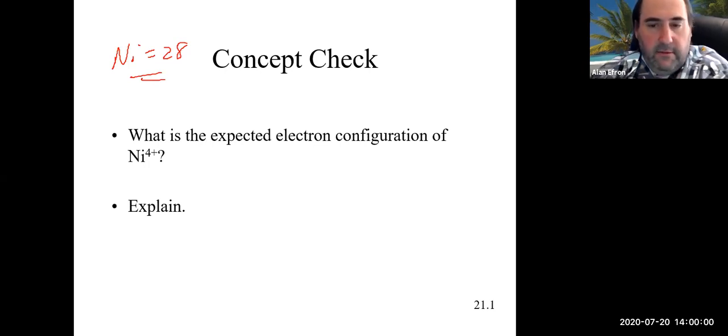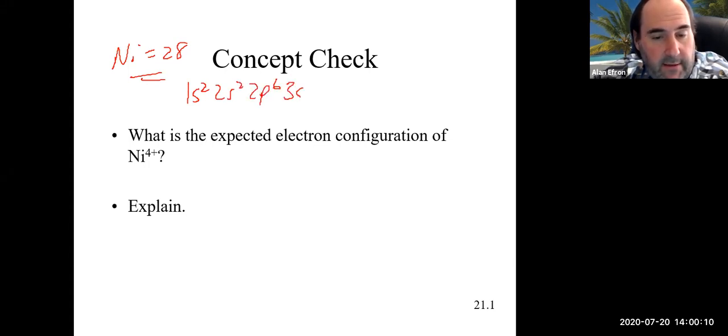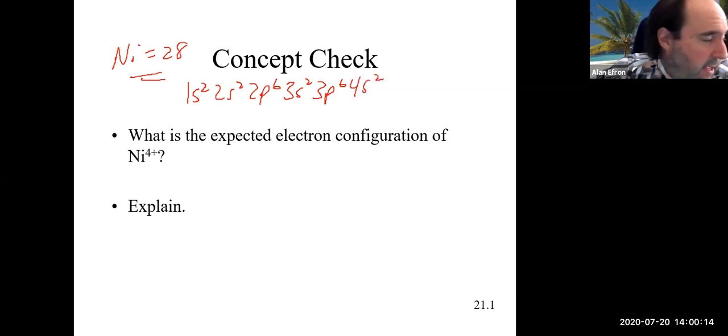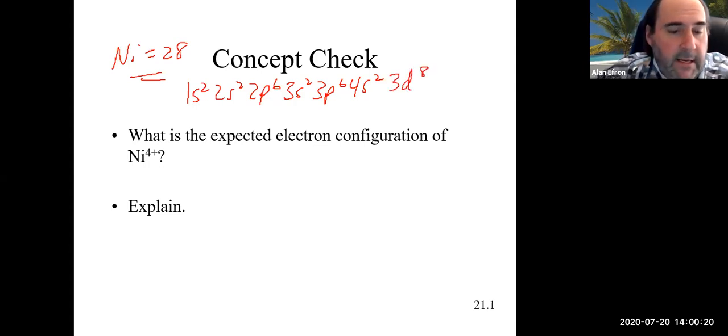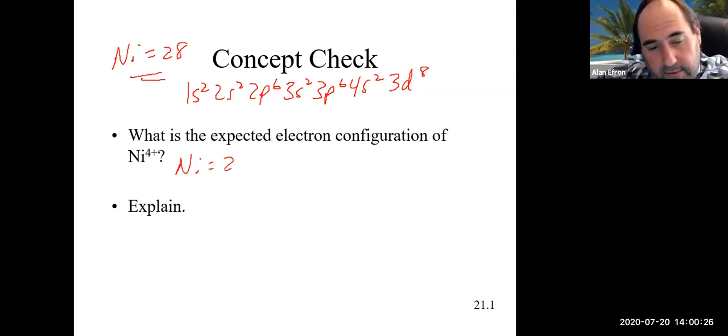Okay, so 28, and again, if we just wrote nickel with no charge, we'd have 1s2, 2s2, 2p6, 3s2, 3p6, 4s2, and 3d8. Nickel with a +4 charge would mean it lost 4 electrons, which means the nickel would be down to 24.